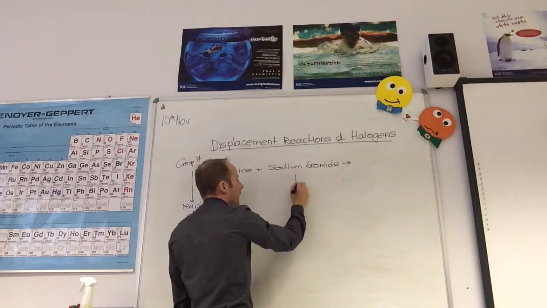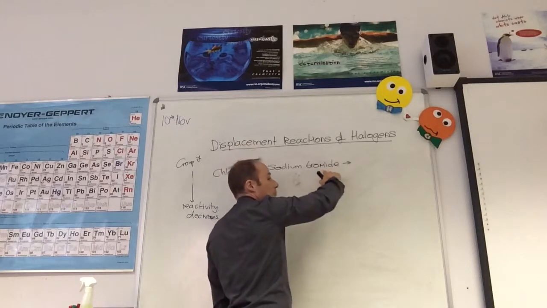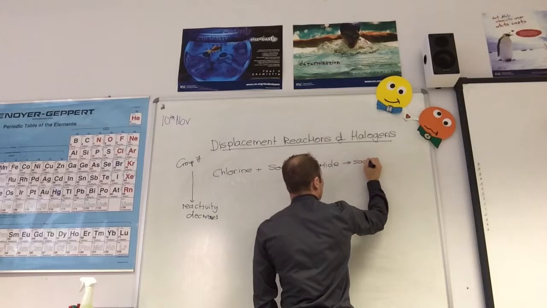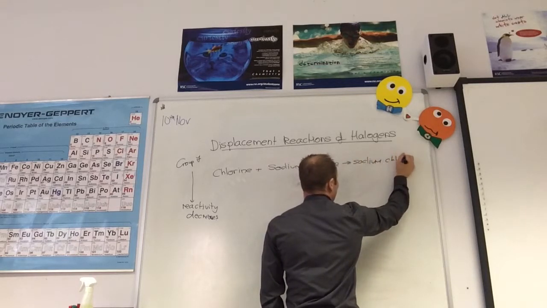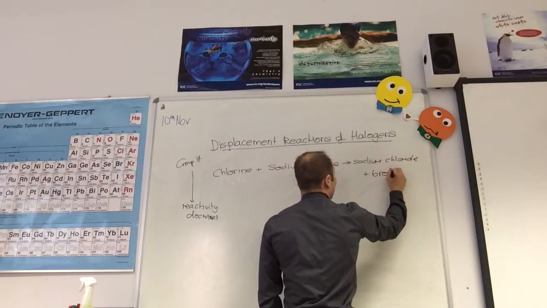So chlorine, we can say, is more reactive than bromine. So chlorine comes along, kicks bromine out to make sodium chloride and bromine.